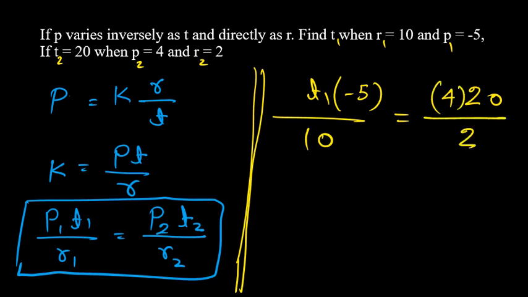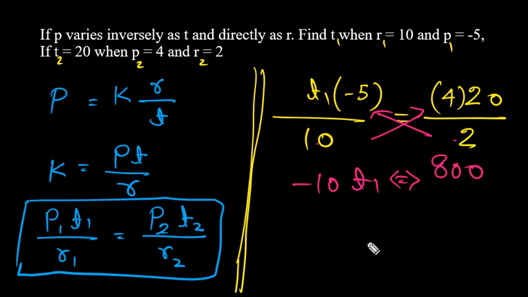Now you just have to do the cross product, or you can simplify the way you know it. So that will be 2 multiply negative 5, negative 10. T1 is equal, this 10 will go this way, so 10 multiply 20 will be 200, 200 multiply 4 will give you 800.